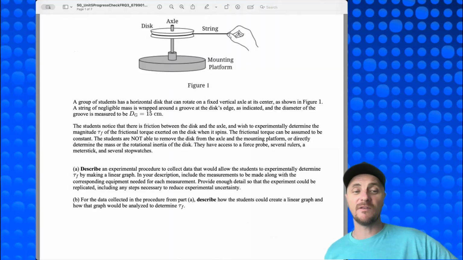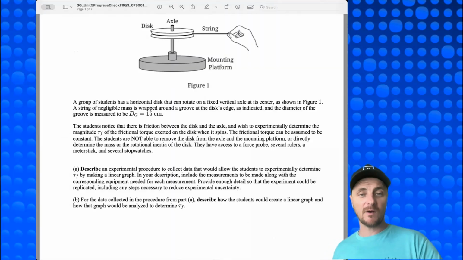All right, part B, for the data collected in the procedure from part A, describe how the students could create a linear graph and how that graph would be analyzed to determine the torque of friction.